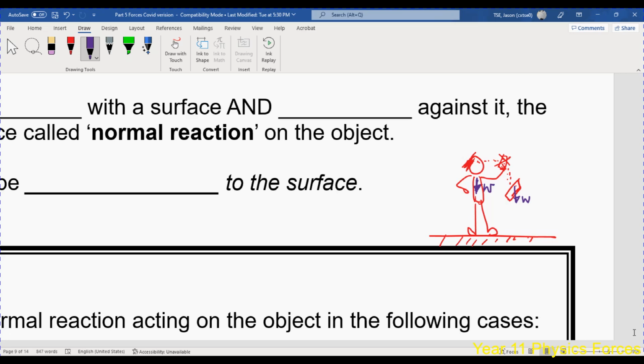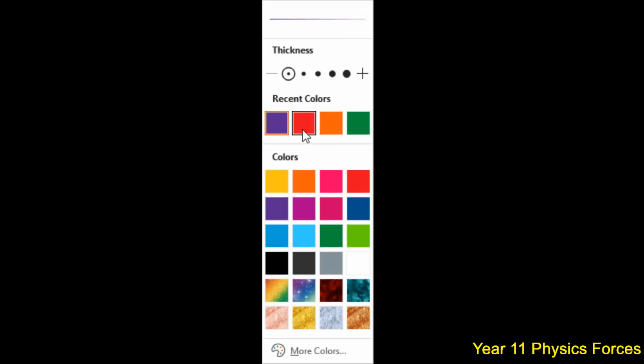The difference is that W is the only force acting on the phone, and that force is a downward force. But for that man, W is just one of the forces. There are other forces acting on the man which stop the man falling like the phone. What's the force? That's the force we need to introduce.